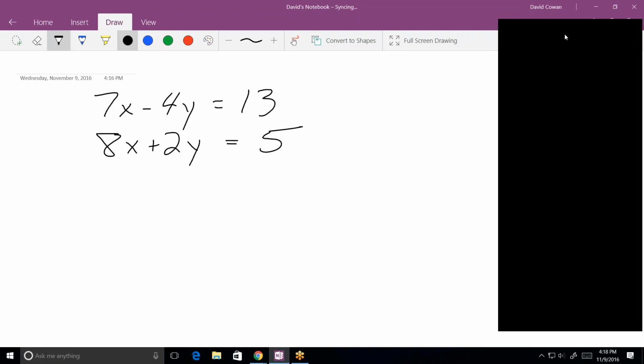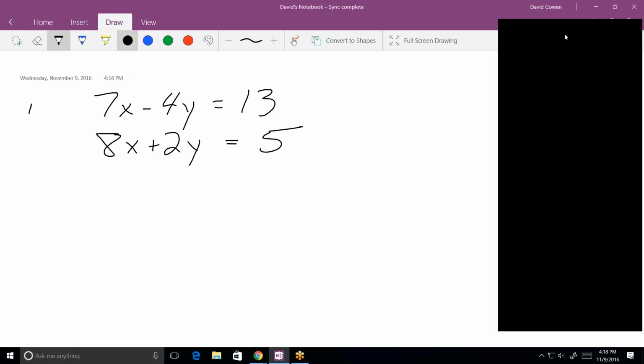So it's proper, if I want to, I can add those two equations. I just add the x terms, I add the y terms, and I add the numbers. If I do that, I don't eliminate anything. I get 15x minus 2y equals 18. So that doesn't help.